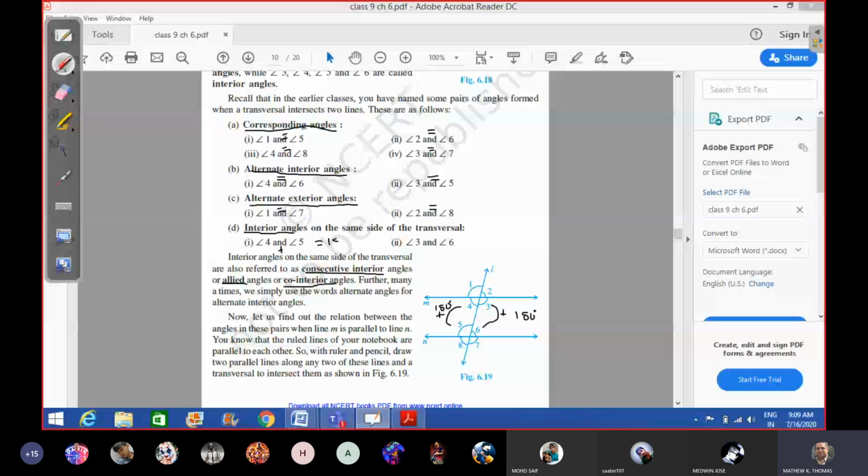Please note down all these properties. I'll give you 3 minutes. You can complete this. First, you draw the figure. Then write that angles 1, 2, 7, and 8 are the exterior angles, and angles 3, 4, 5, and 6 are the interior angles. Then you write corresponding, alternate interior, alternate exterior, and co-interior angles.